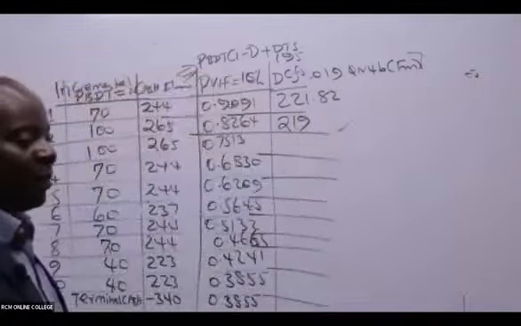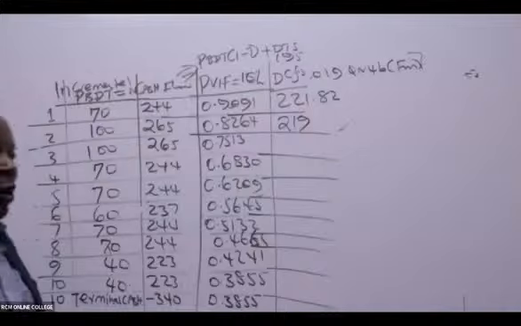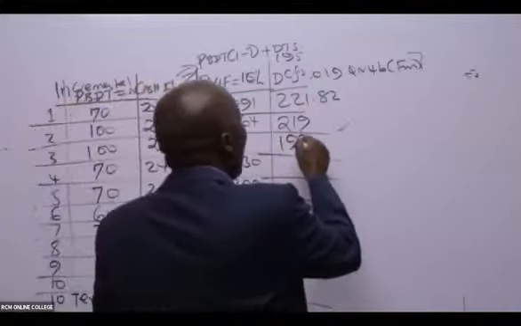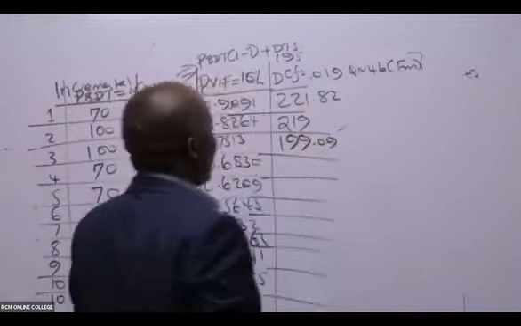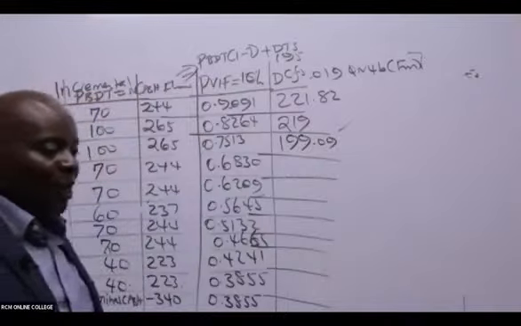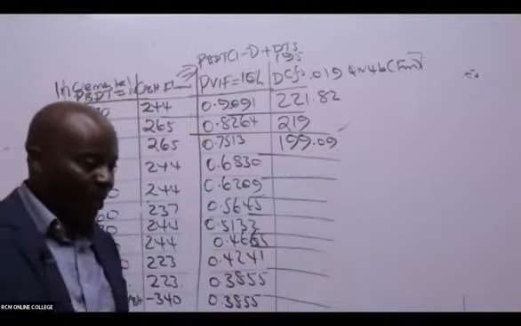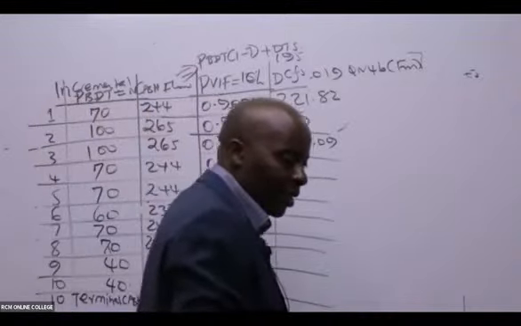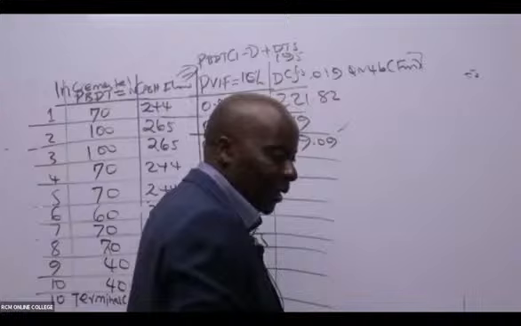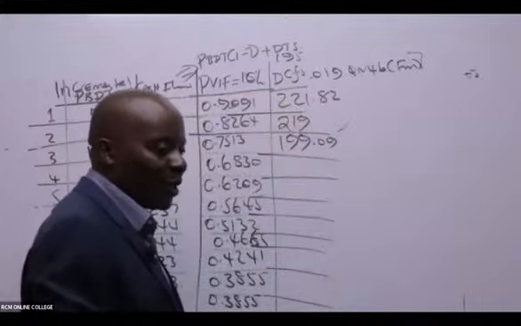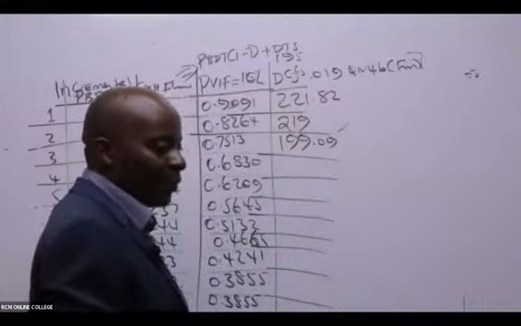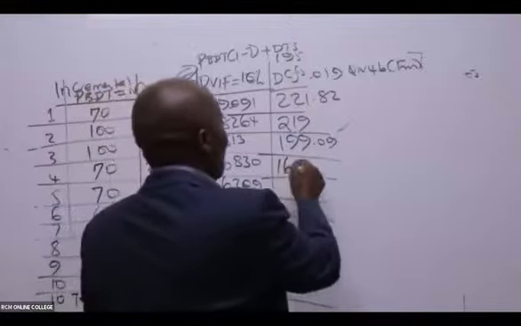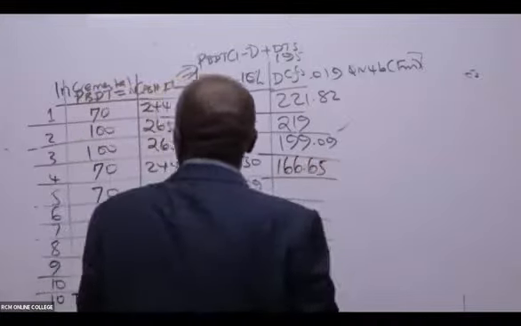Then you go to year number 3, where we have 199.09. Then year number 4, we have 166.65. Then we go to year number 5.